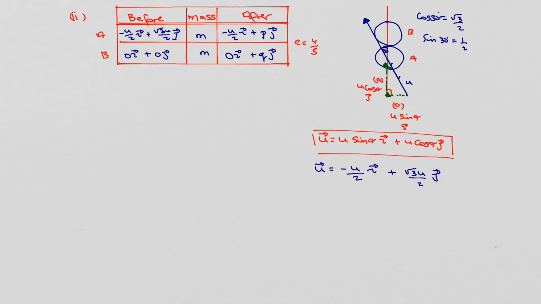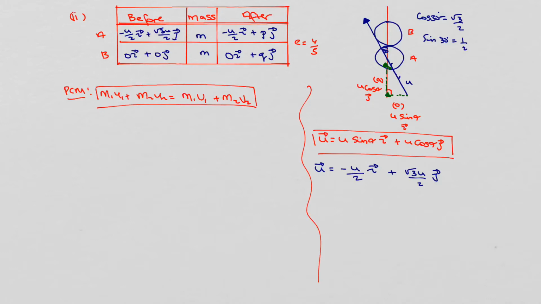Okay, so what are we going to do? Well, we do the same as we always do. We start off with our principle of conservation of momentum. m1u1 plus m2u2 is equal to m1v1 plus m2v2.